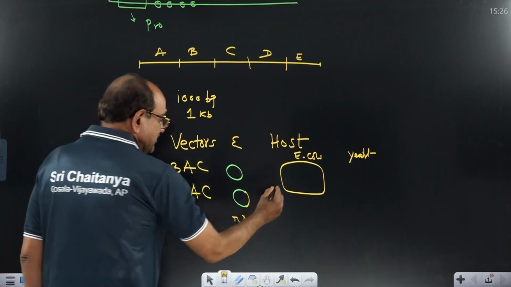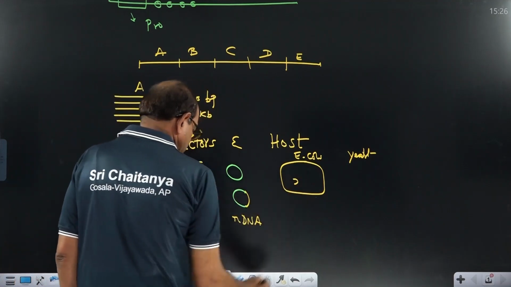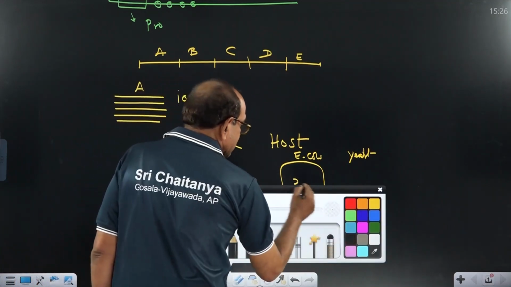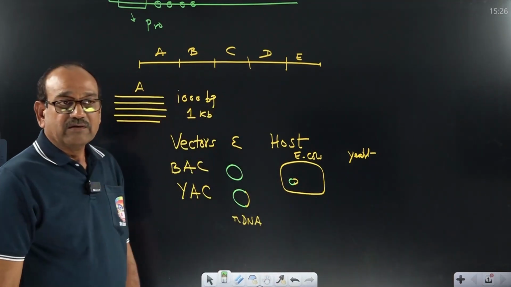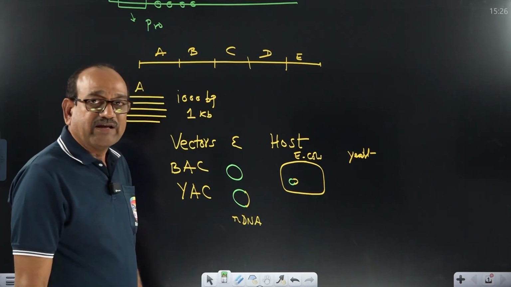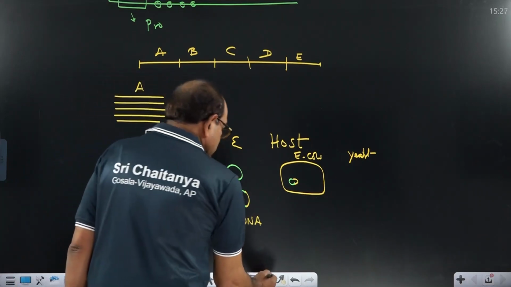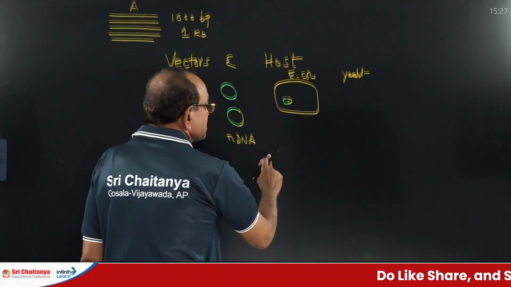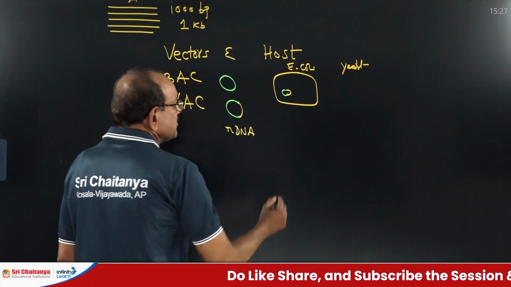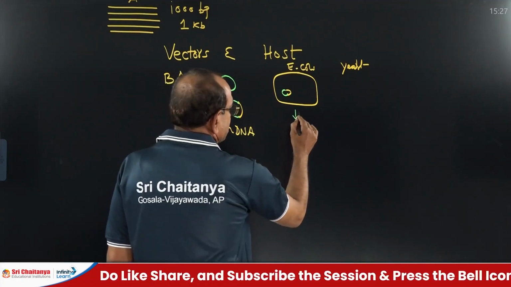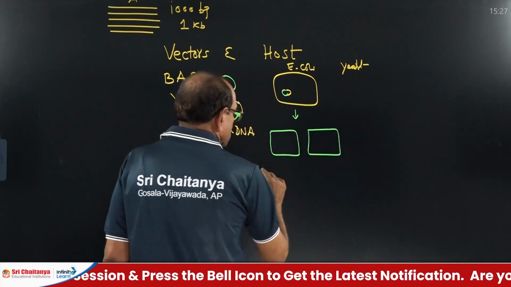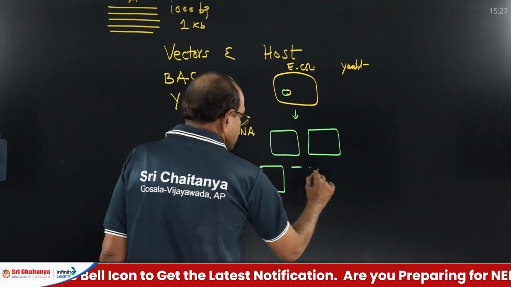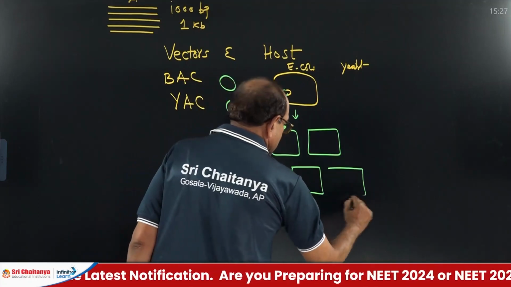Suppose we transfer this rDNA into E. coli. In the laboratory, if we provide suitable conditions for replication of DNA, this Escherichia coli undergoes rapid binary fission. That is, 1 becomes 2, 2 becomes 4, 4 becomes 8, and so on.